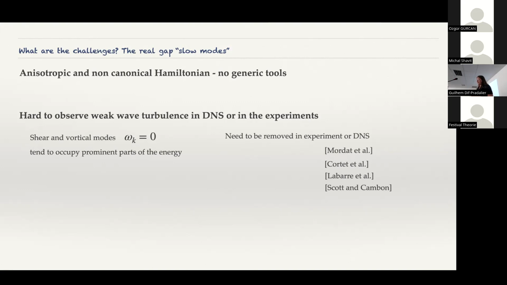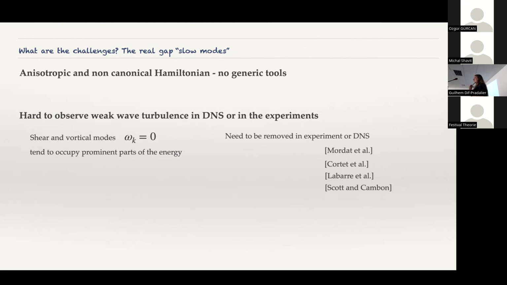And another thing that was maybe hard for the weak wave turbulence description: there were a lot of attempts, with experiments, to measure the spectrum of internal gravity waves in the lab, and this is very challenging. One thing that is challenging there as well is trying to separate them from the slow modes.